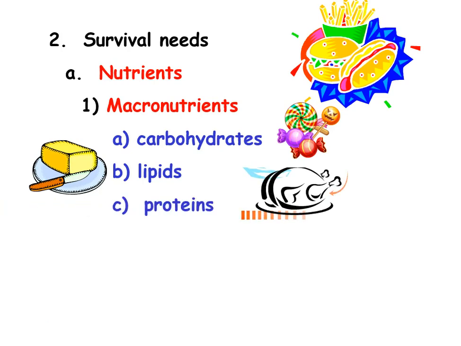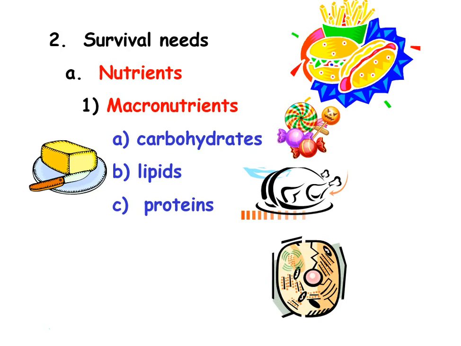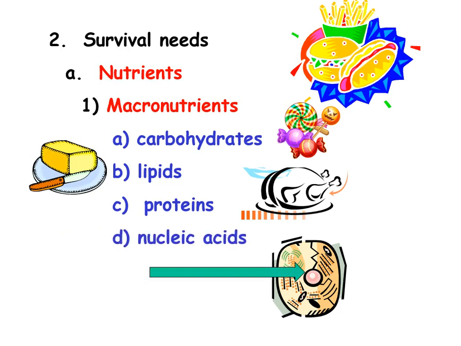Proteins, which we get from meat. And the last one people have a hard time thinking of, but it is in the nucleus, nucleic acids. So in order to survive, all living things, including humans, need nutrients. There are 4 macronutrients: carbohydrates, lipids, proteins, and nucleic acids.